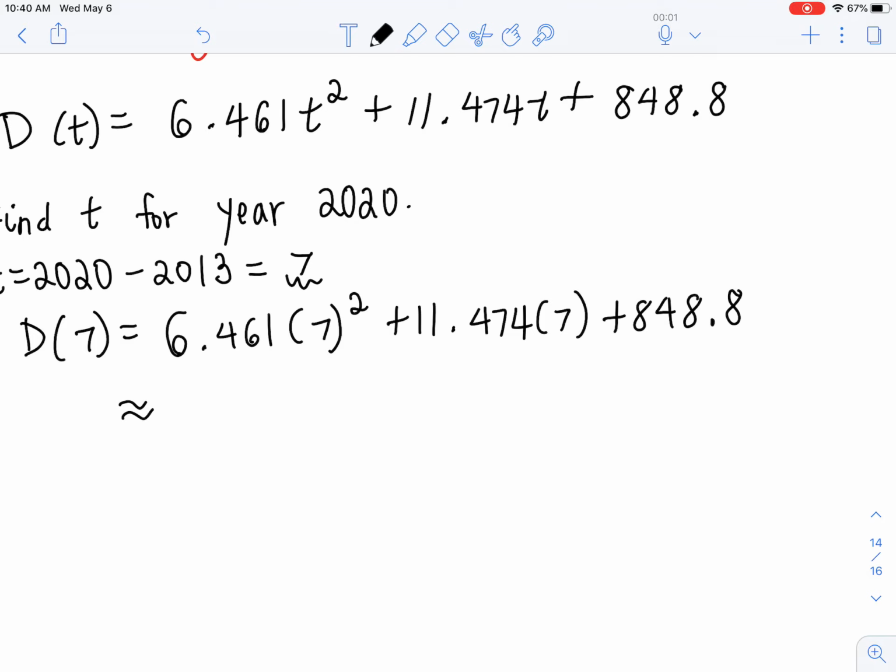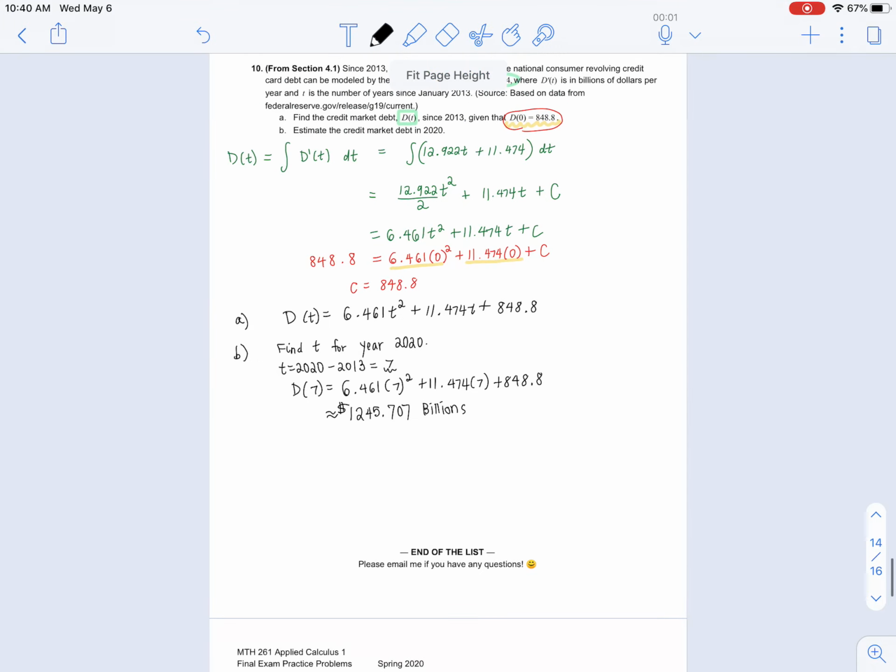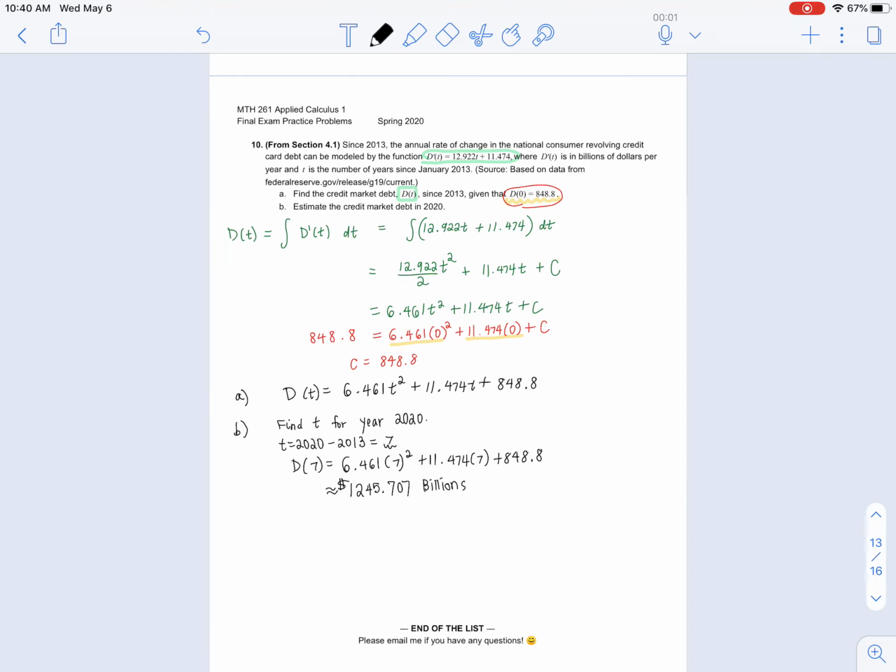All right, guys, I typed it in, and what I got is 1245.707. And you know what? Let me just say this was in billions of dollars. So that's probably good.